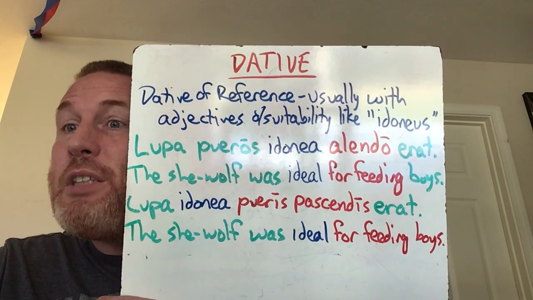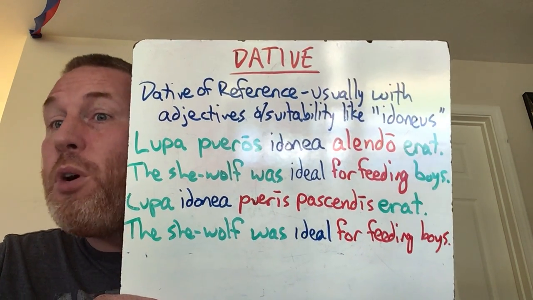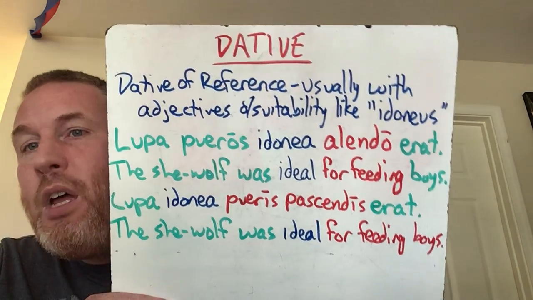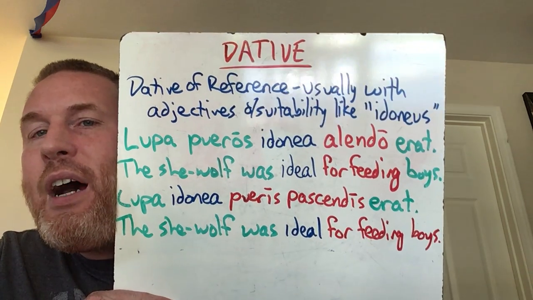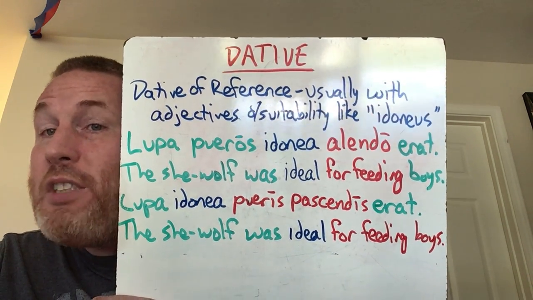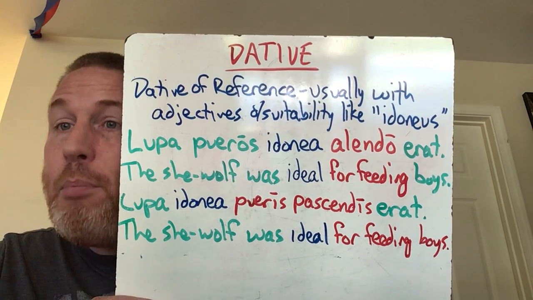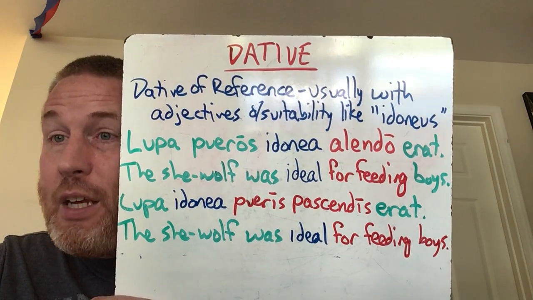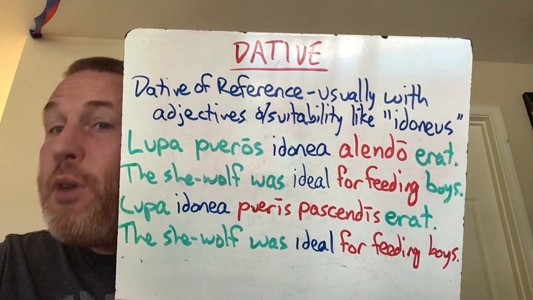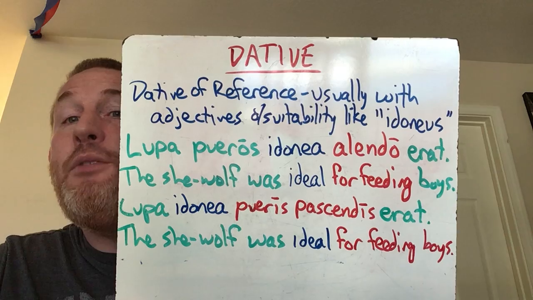Now, when you say something is ideal, usually you'll say it's ideal for something, and that automatically gets you to a dative of reference, right? So, lupa pueros idonea alendo erat. The she-wolf was ideal for feeding boys. For feeding, that is a dative of reference. What was she ideal for? For the verbal noun that is feeding.